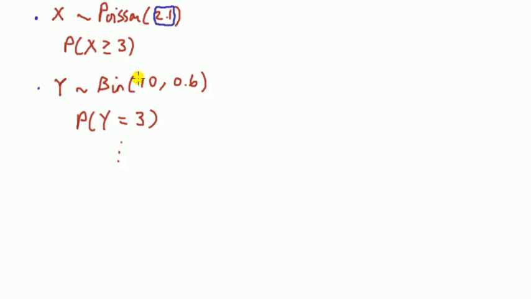In the binomial the parameter is n, which is 10 in this example, and probability of success 0.6. In all those kinds of applied questions you're told what these parameters are. So parameters are given, and then you're just asked to calculate probabilities of events happening.